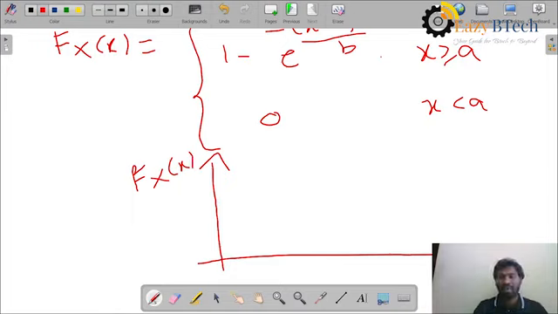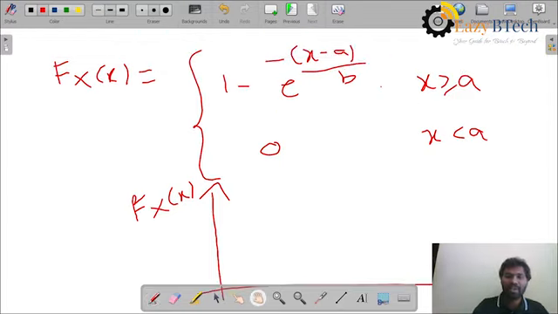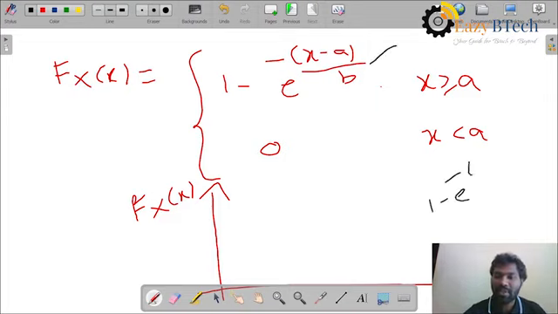If you plot this, as you know, if you put x equal to a, it starts from e^(-(a-a)/b), that means e^0, which is 1, so 1 minus 1 is 0.